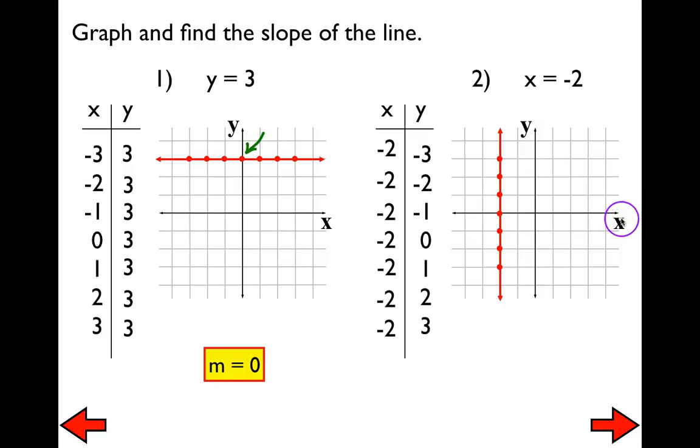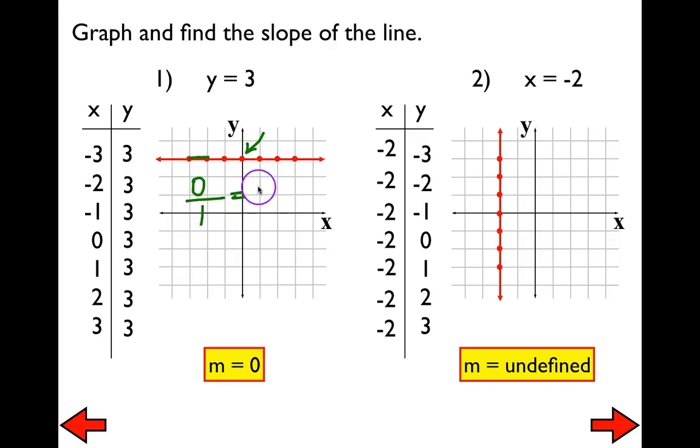Nothing's happening, okay? But I'm going to go over one more thing before I move on to the next slide. The other way you could have done this is to say, notice, what is my rise? It doesn't rise at all, so my rise is 0. What's my run? I'm just going to say from here to here, it went 1.